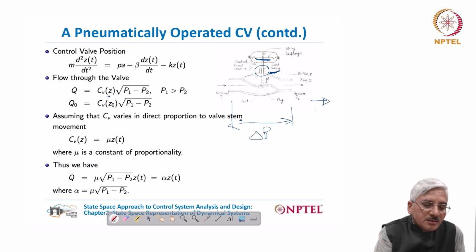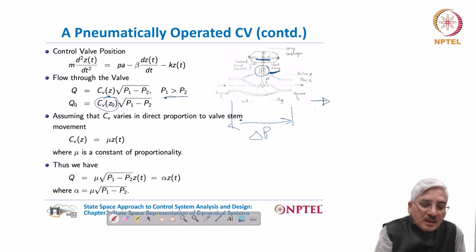At equilibrium, we assume that the position is Z naught and the corresponding coefficient is denoted by CVZ naught. So equilibrium flow is CVZ naught into square root of P1 minus P2.